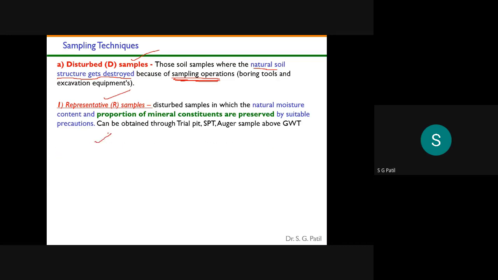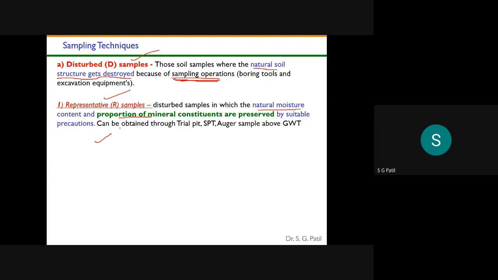When will you call it a representative sample? A disturbed sample in which the natural moisture content and proportion of mineral constituents are preserved by suitable precautions.